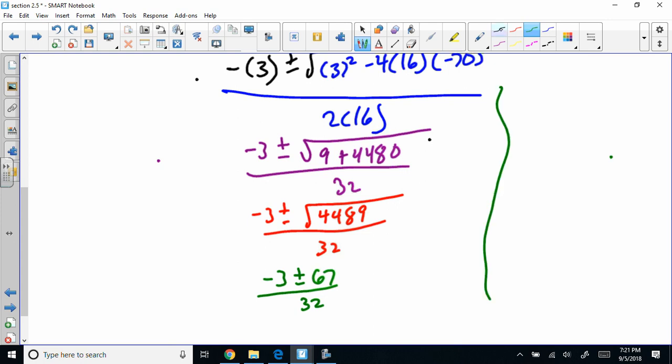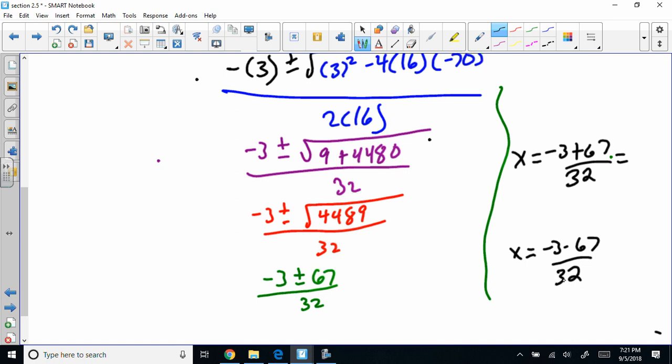So here I go. x equals negative 3 plus 67 divided by 2, and x equals negative 3 minus 67 divided by 2. So what's that? 64 divided by 2, which is what? Oh, by 32. Thank you. I just copied 2.